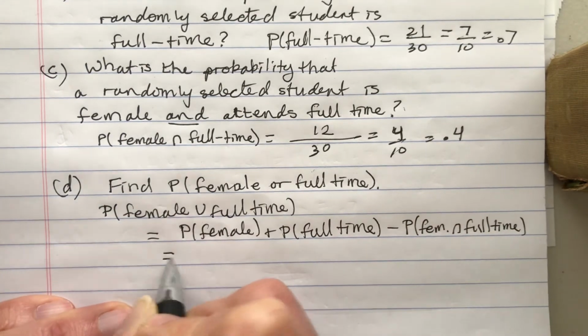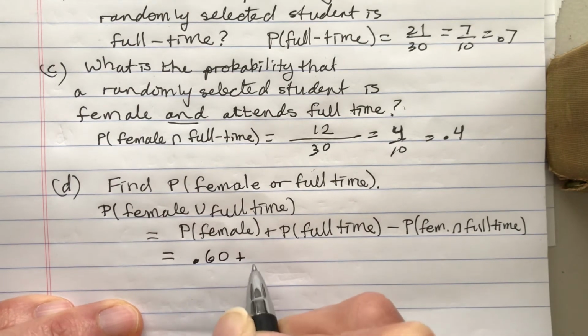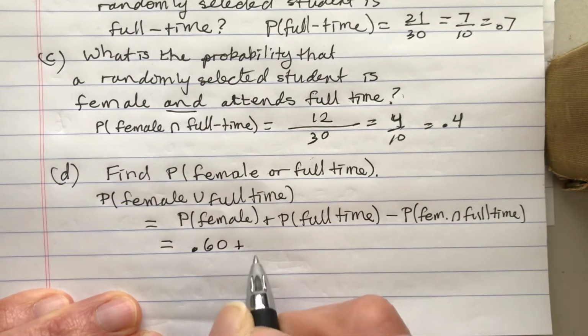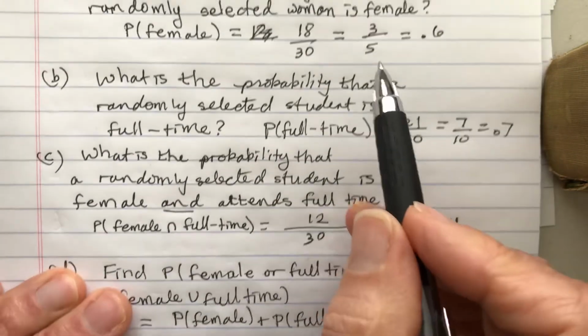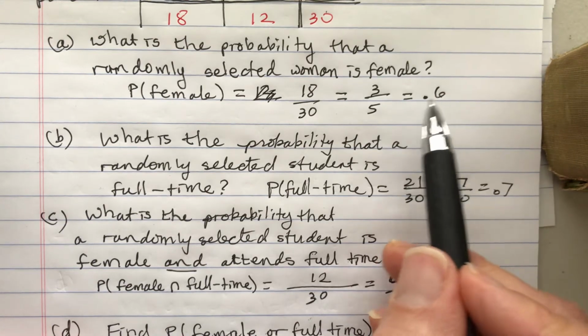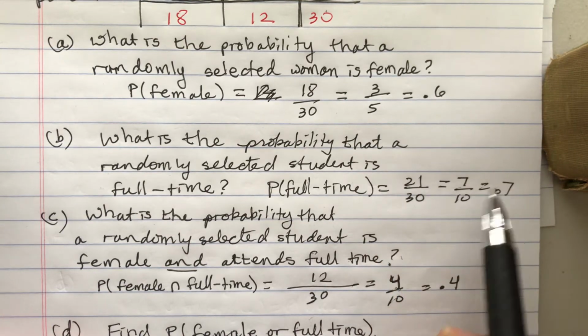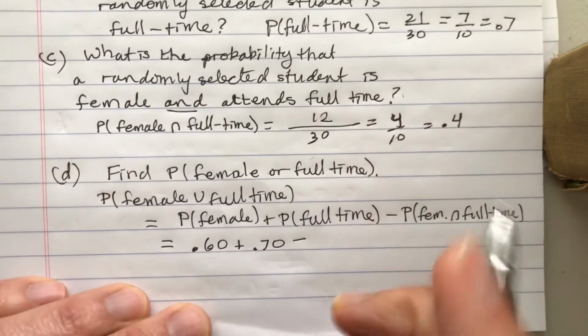And so we already found out the probability of female is 0.60. The probability of full-time is 0.70. Those are just from the problems that came up before. Up here in A, we got 0.6. That's female, 0.7 full-time. Then we subtract the intersection.